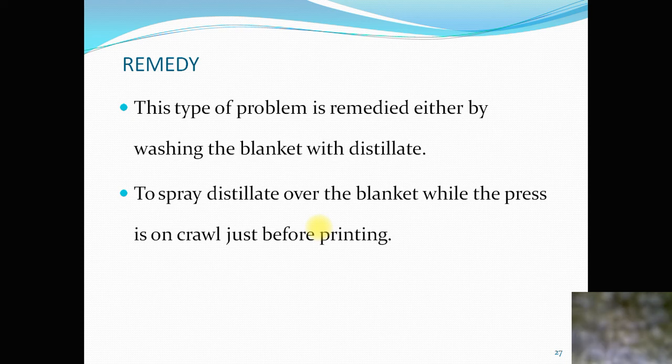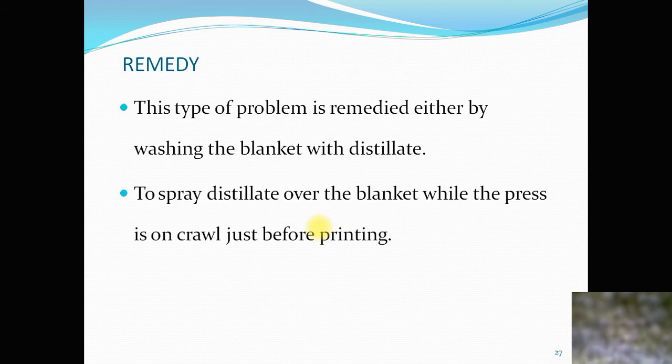Before printing, normally the press will be in a crawling condition. Crawling means running very slowly. At this time, if we spray the distillate over the blanket, then we can reduce this problem.